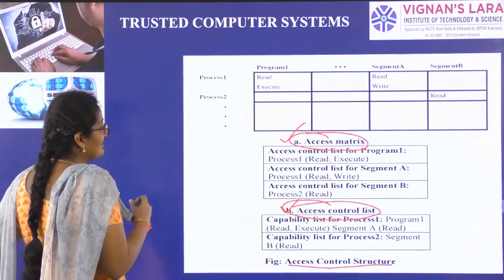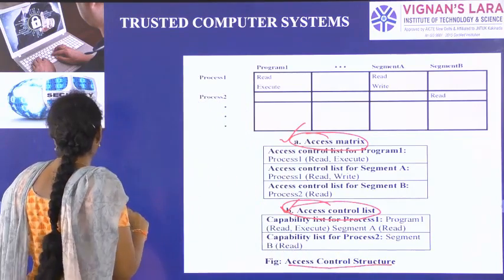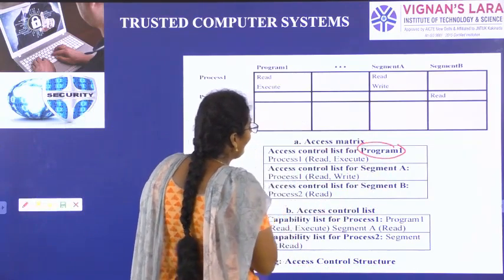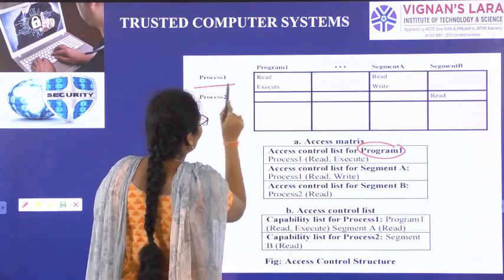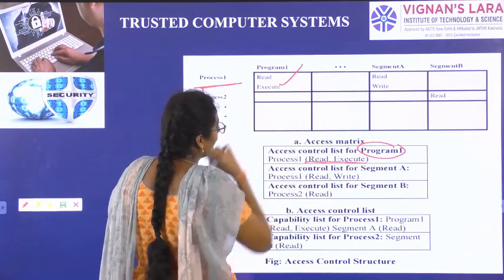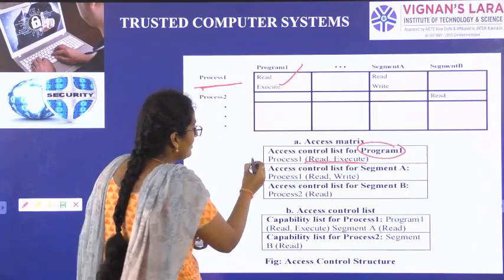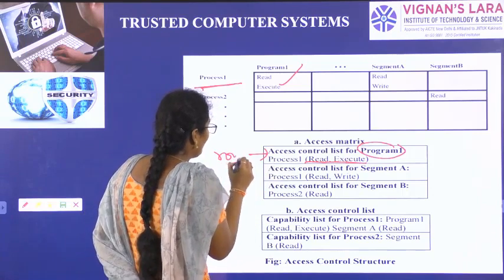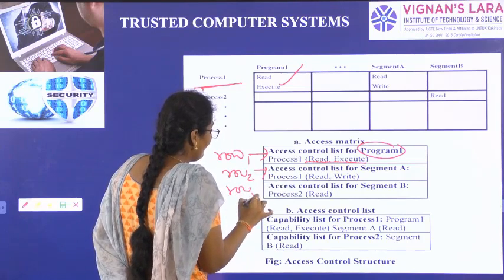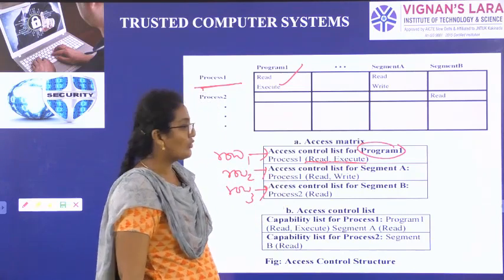How is this matrix designed? For program 1, I am giving access. Process 1 in program 1 has read and execute permission. If you see here, in this matrix we have 3 rows: row 1, row 2, row 3.